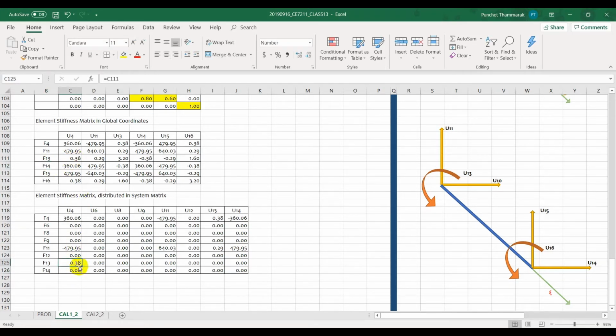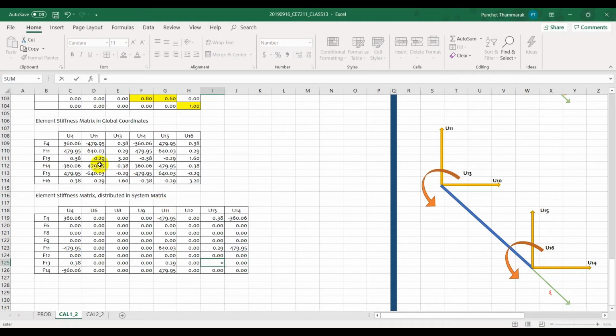So this one, okay. This one is equal to 13 and 11. 13, 11 and 14, 11 is going to be there.